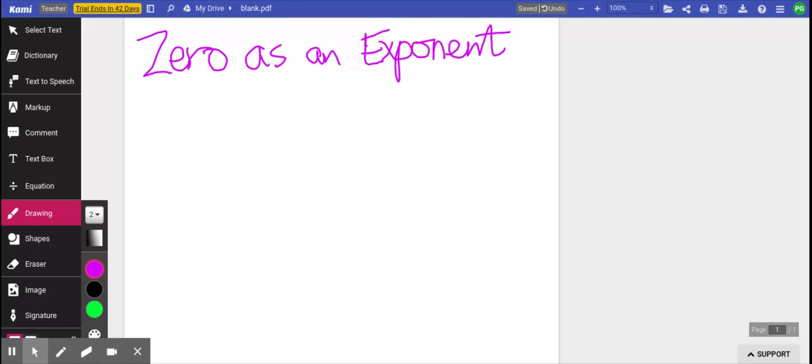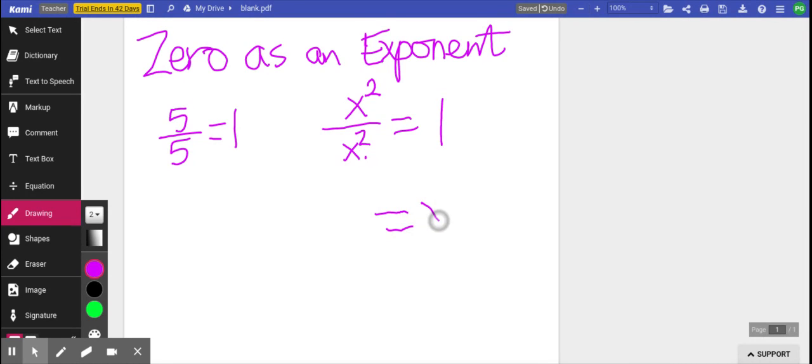If we have an expression, say 5 divided by 5, we know that that equals 1. Well, what if we had x squared divided by x squared? That would equal 1. But previously, we learned that when we have a quotient of powers, we keep the base and we subtract the exponents.